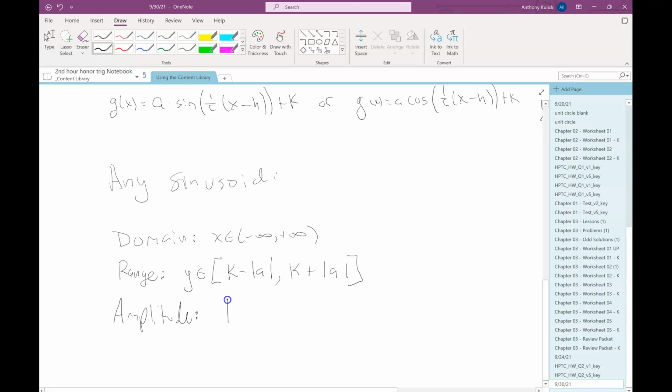And in fact, the amplitude just becomes the absolute value of A, right? Again, it's multiplicative. If that distance is 1 and it grows by a factor of A or shrinks by a factor of A, it just becomes A when we multiply it, right? If it gets twice as tall, then that distance is twice as much. If it gets half as tall, the distance to the midline is going to be half as much.